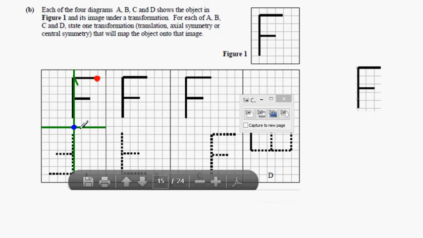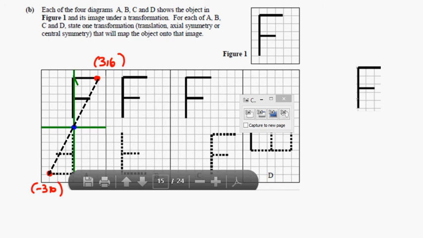This red point here would be the point 3,6, and it then turns into the point -3,-6. And what we can see happening there is that it goes straight through the origin. Okay, I'll do this by dotted lines. It goes straight through the origin, down 6 across 3, down 6 and across 3.